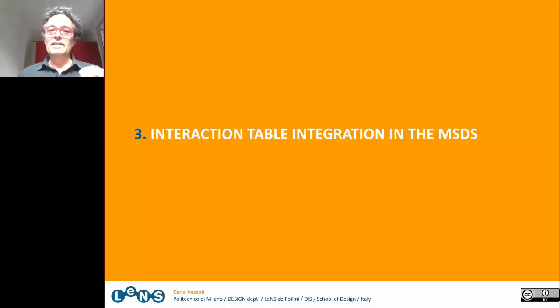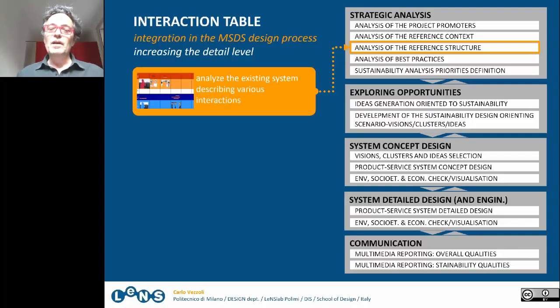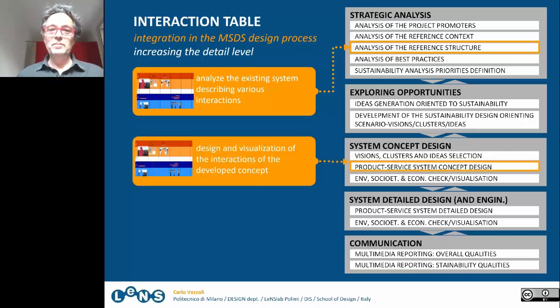We integrate the interaction table in the MSDS methodology. We can use it when we analyze the existing system offer, so the interaction of the system that we have to redesign.